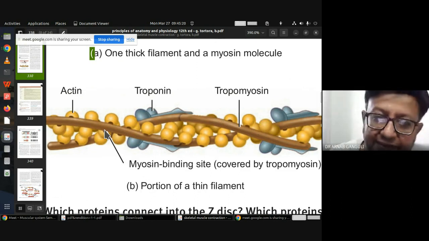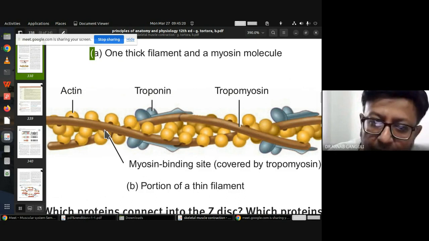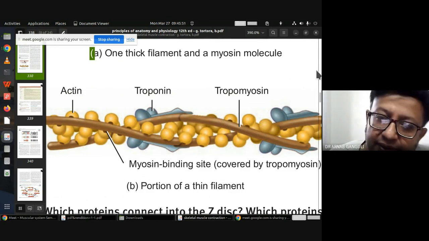This is the actin filament. The actin filaments have got tropomyosin and troponin. Clear?